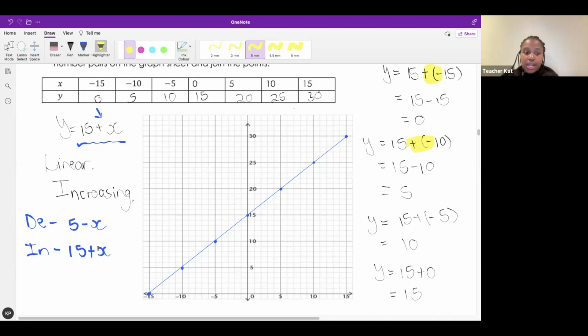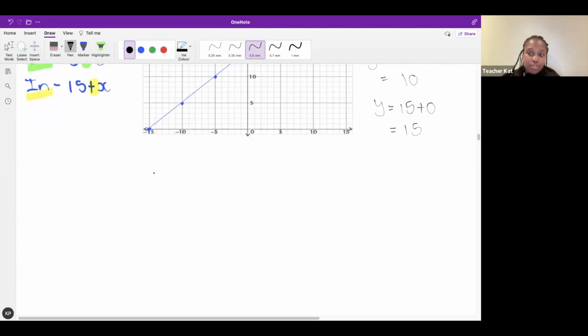Nice. If you look at x, here it is positive. If the number before your x is positive, it's an increasing graph. And if the number before your x is a negative, it will be a decreasing graph. So let me put a few examples here. If I say y equals 2x plus 1, is this an increasing or a decreasing graph?